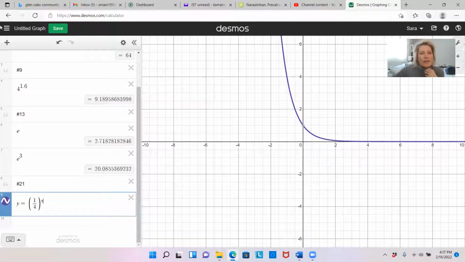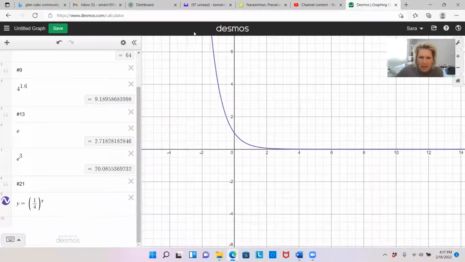And so we're going to learn some new fancy ways in lessons 4.4 and 4.5 to solve these equations, because we have to get x down into what I call the main level to be able to solve for it. So we're going to need to know that inverse function that we're going to learn in 4.3 to do that. So you can see that what's interesting here is this function has 1/4 as the base, and notice that it's getting smaller from left to right.